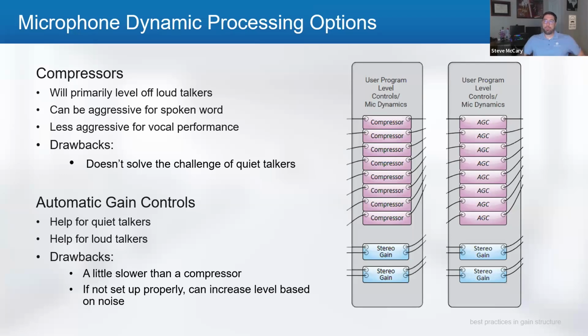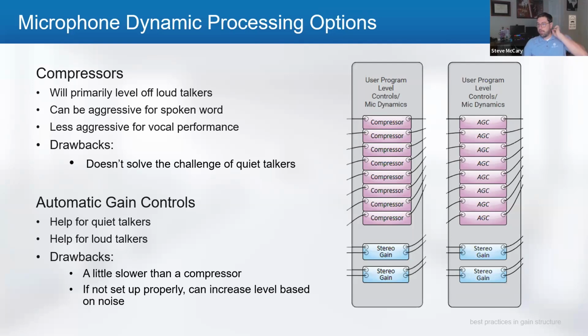Automatic gain control is generally what you're going to use because what compressors are going to do is once a signal gets above a certain level, it's going to squash it back down. With automatic gain control, you're going to set a target level, and then you're going to say, okay, I want you to be able to give me X amount of gain up or turn it down if the person is really high.